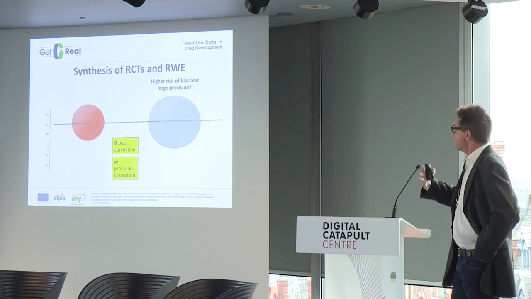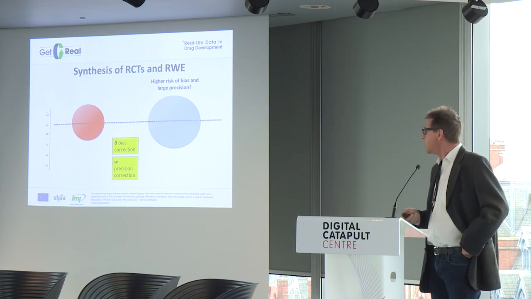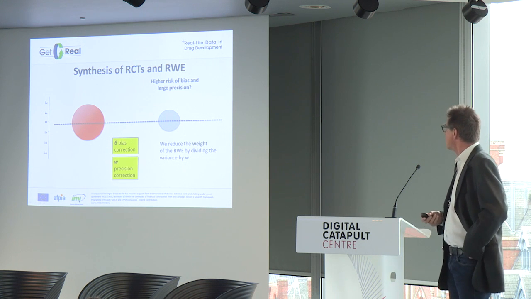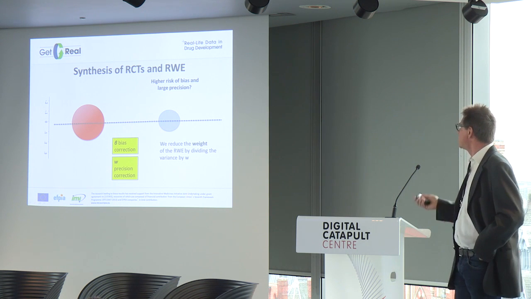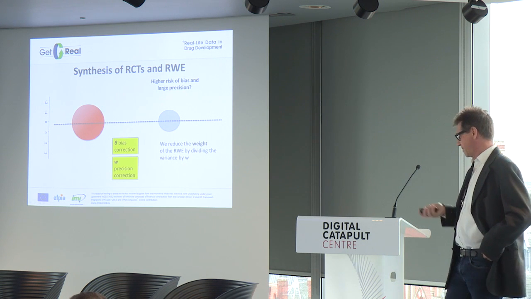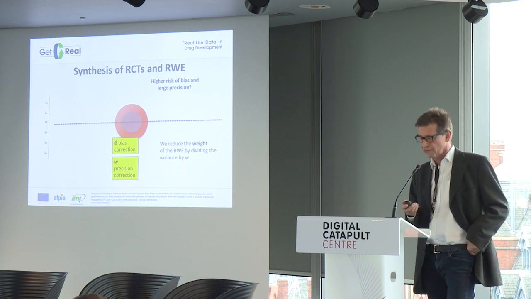And then with a term W, we can play with the weight that we want to give to the observational data. We can say we don't want to give that much weight, we want to give much less weight. We can reduce the weight by dividing the variance of the observational estimates by that factor W, the precision correction. So we have a bias correction and a precision correction. And then we can combine the 2 sources of evidence.